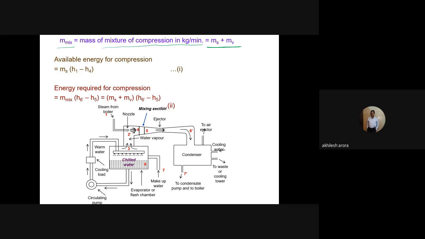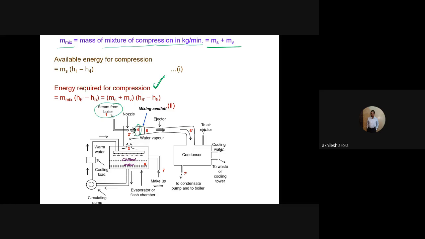Now what is the energy which is available for the compression? See, the steam was entering at state point 1, and at state point 4 this is the final energy of the steam before the mixing takes place. So this much is the energy of the motive steam which is available to us for the entrainment process, or for the compression process actually. Okay, entrainment and compression, everything for the compression actually. So how much energy is required for the compression?